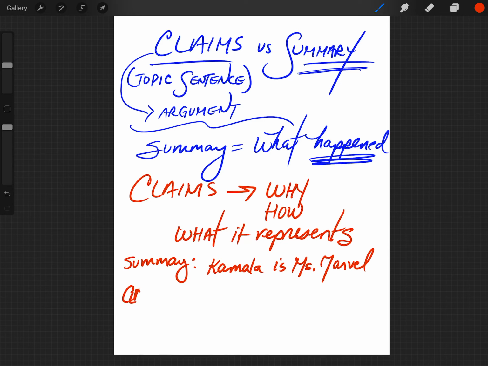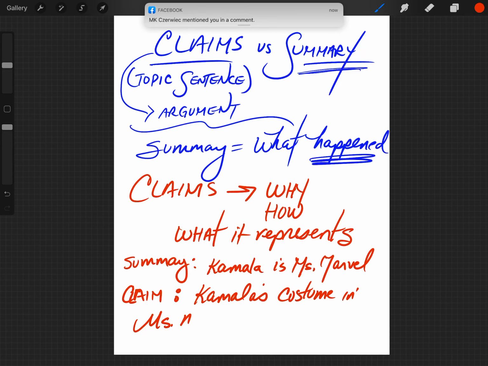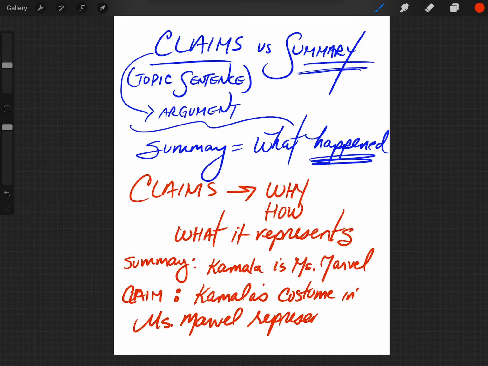But for a claim, we would want to make an argument. What does this thing represent? Well, we can say Kamala's, do we want to call it costume? Kamala's costume in Ms. Marvel represents X, whatever it represents. So by using that, this is now an argument, right?